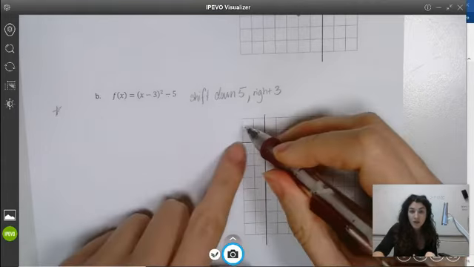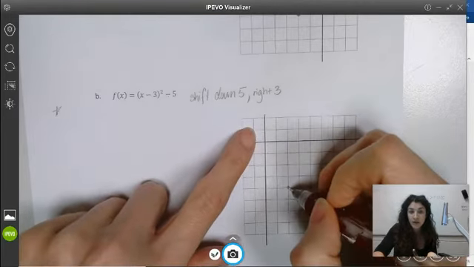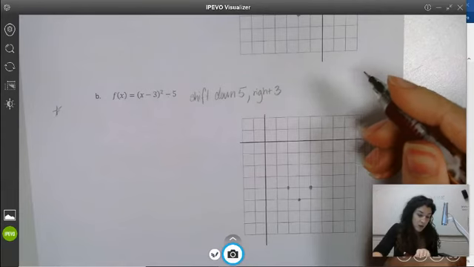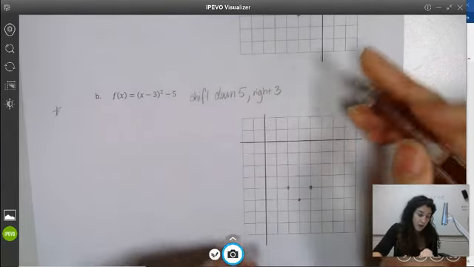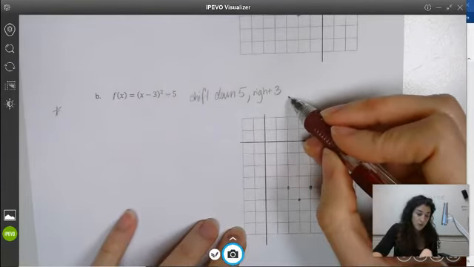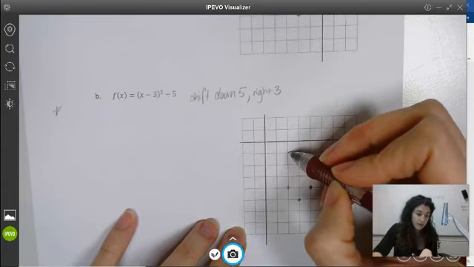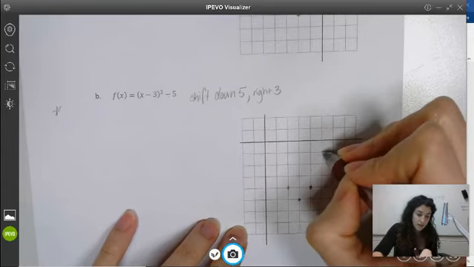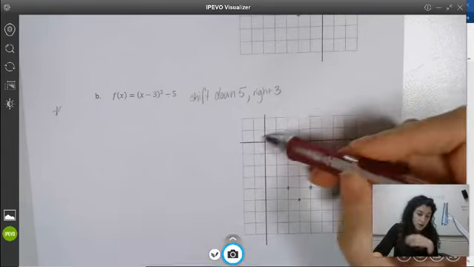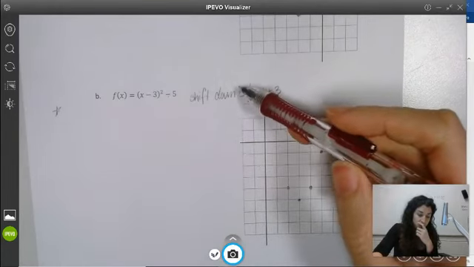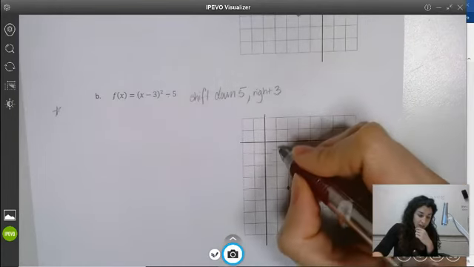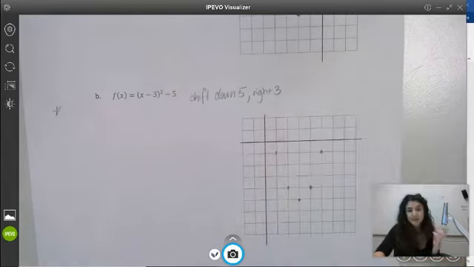That would be your negative 1, 1. That would go down 5, right 3. You also know that you would have 2, 4, which would go down 5, right 3. You also know that you would have negative 2, 4, which would be down 5, right 3.